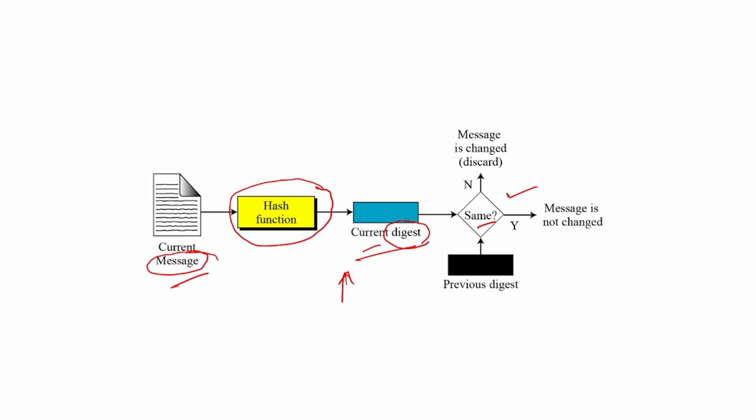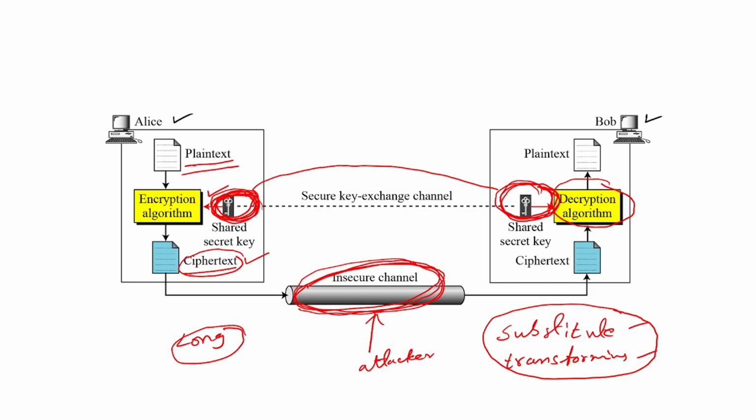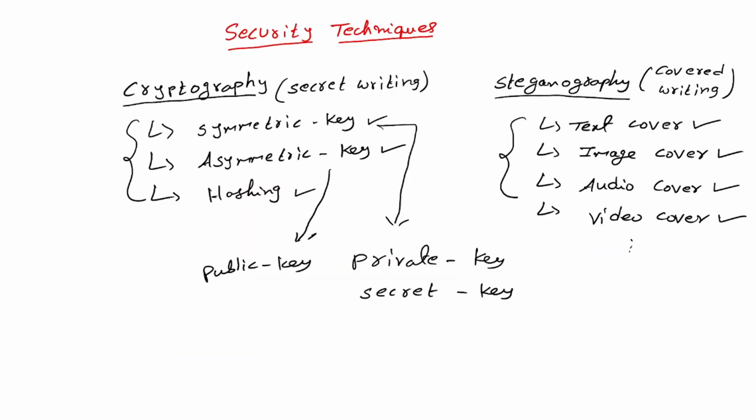So in total there are two techniques, cryptography and steganography. Under cryptography we have three mechanisms: symmetric key, asymmetric key, and hashing algorithm. And under steganography, different types of mechanisms: text covering, image covering, audio covering, video covering.